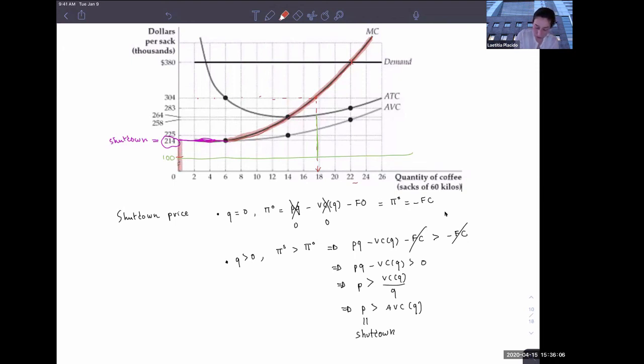So when you draw the short-run supply of a firm, there are really two parts. The first part is that one: below the shutdown price, I produce nothing. The second part is above the shutdown price, I produce along the marginal cost curve.